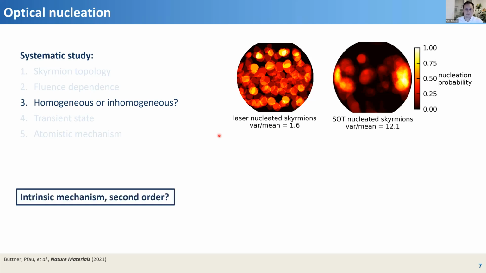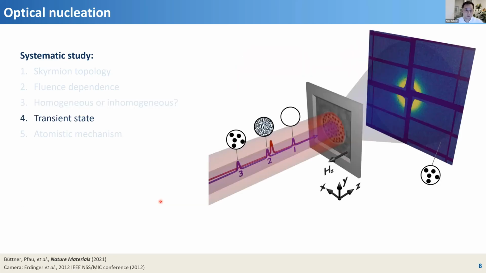And for that, we went to the European free electron laser source, one of the most sophisticated instruments you can work on as a scientist. And here we can really follow the dynamics in space, in reciprocal space and time. What we did are so-called small angle X-ray scattering experiments.